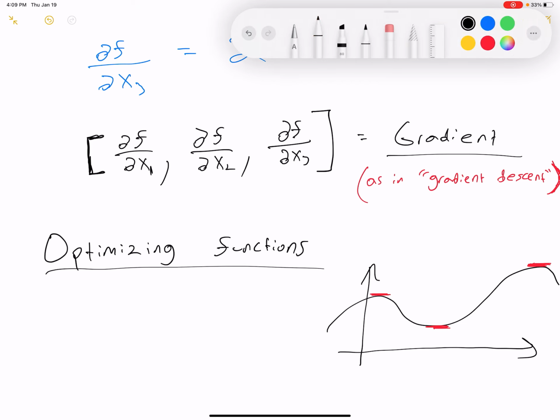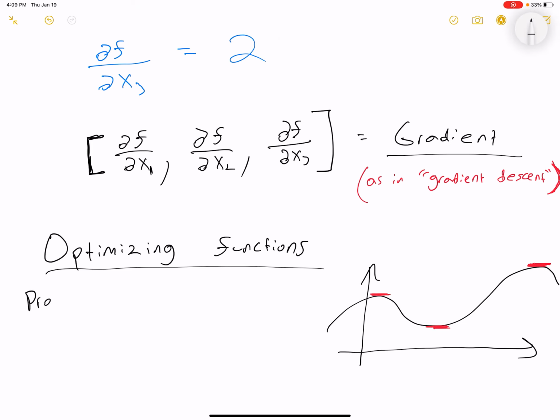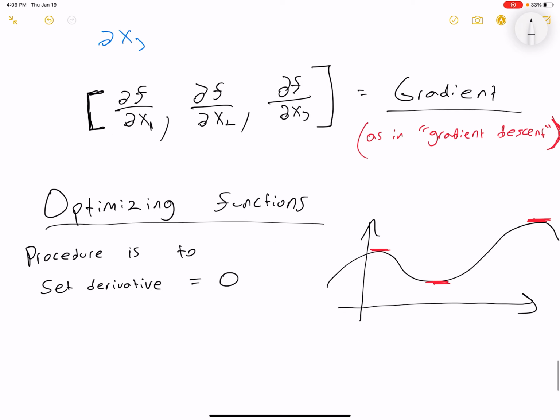So to optimize a function, the procedure is to set the derivative of the function to 0, and let's do it in the one variable case. So this is x, this is y, and then solve for x.